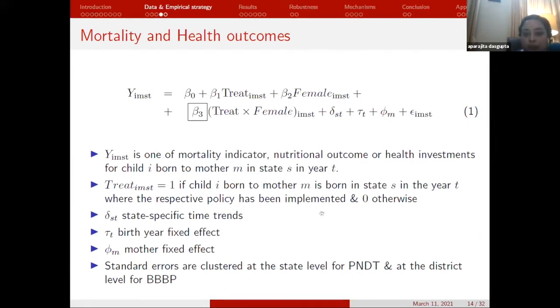The policy, you can think, is either PNDT or B3P, and 0 otherwise.